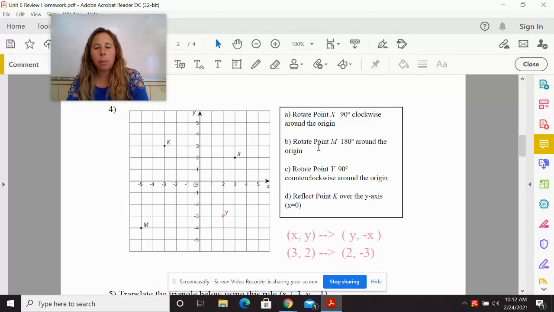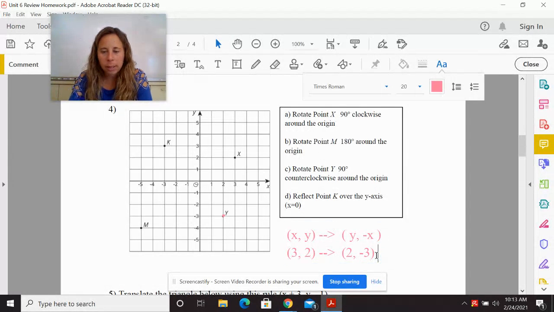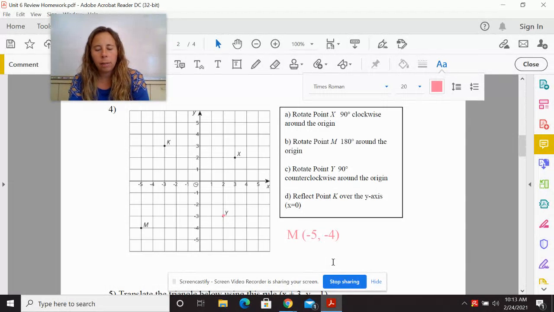Okay, rotate point M 180 degrees around the origin. Point M, okay, let me get rid of this. So where's point M right now? X is -5, and Y is -4. Okie dokie.